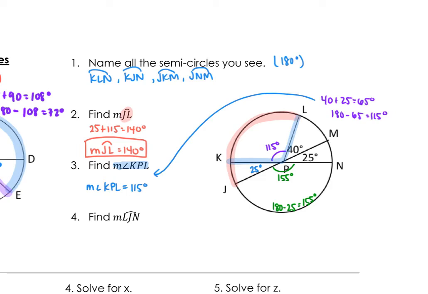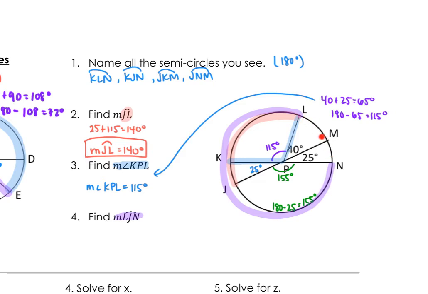Okay, the last piece we're solving for is LJN. So LJN goes from here all the way to here. So there's a couple ways you can think about it. You can think of it as made up of these three pieces, or you can use the fact there's 360 degrees in a circle, and it's everything but these two pieces.